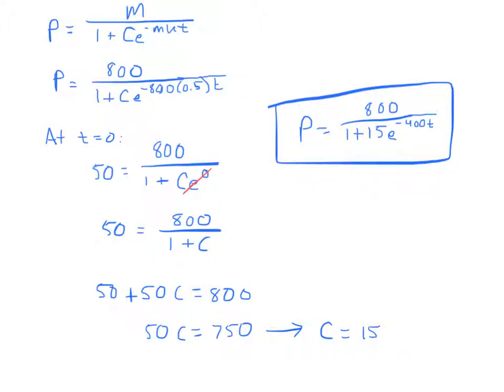So 800 over 1 plus c equals 50, because that was my initial weight for my cow. And then I multiply by 1 plus c on both sides, which gives me this equation, and then subtract 50, so 50c equals 750, and then divide by 50, which gives me c is equal to 15. So this is my particular solution.